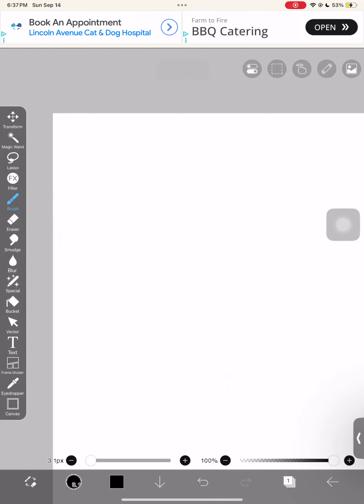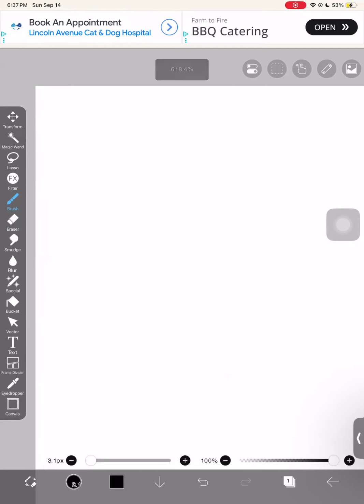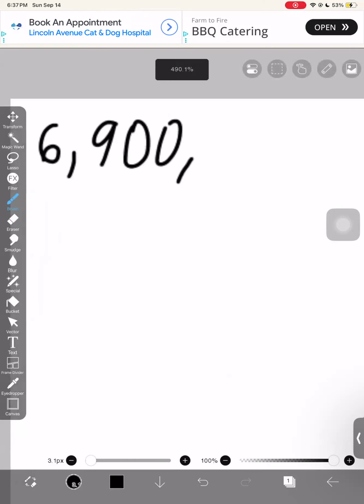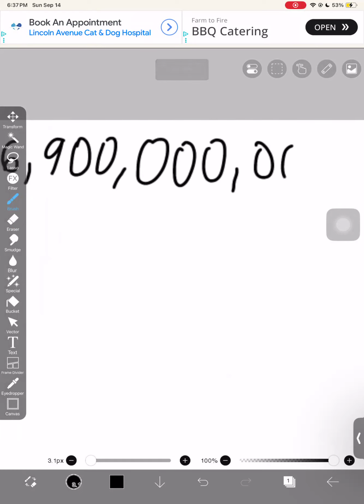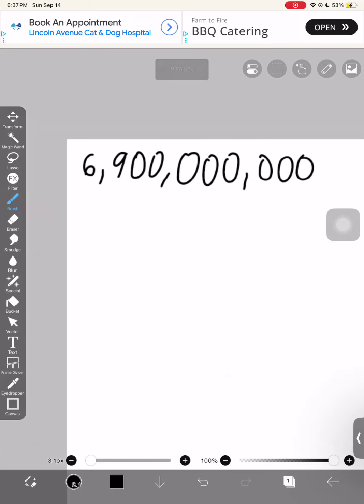Let's move on to scientific notation. So suppose we have a number 6.9, a very, very large number. I think that's 6,900,000,000. Thousands, millions. Yes.